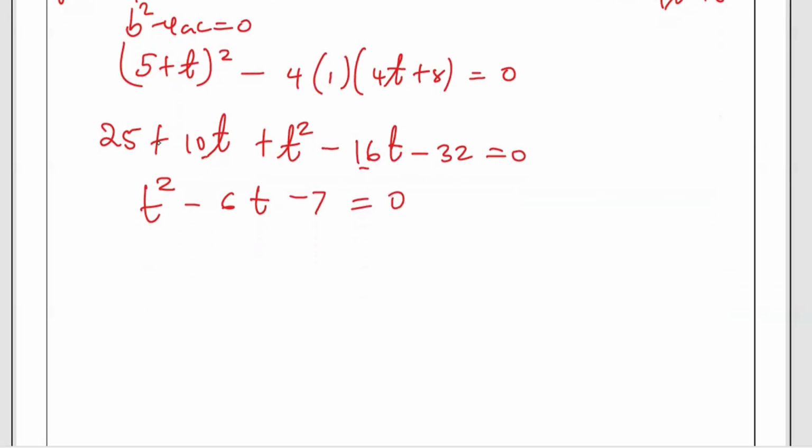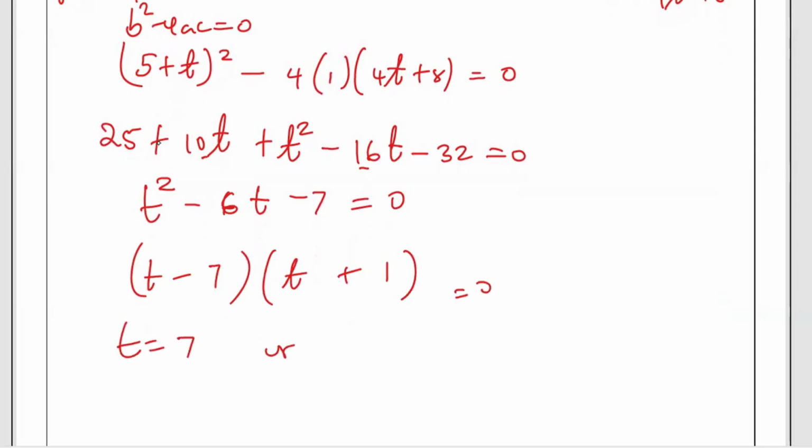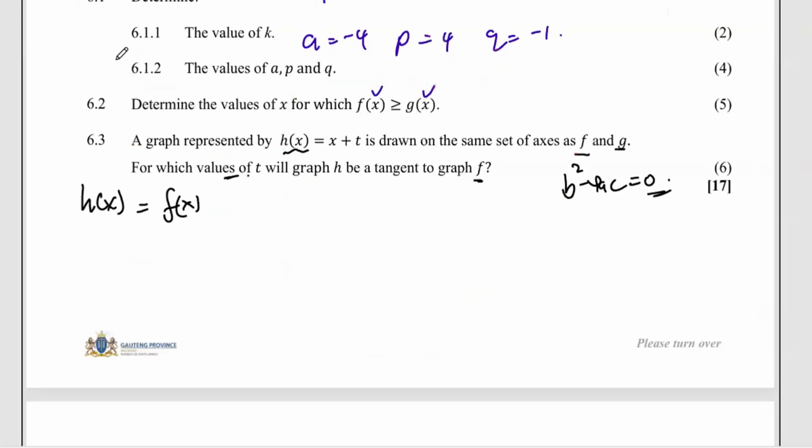Then I just solve this by factors or quadratic formula. So t with a 7, t with a 1. It's a negative, okay? So either t is going to be a 7, or basically t must be negative 1. So that is how I would have approached that question.